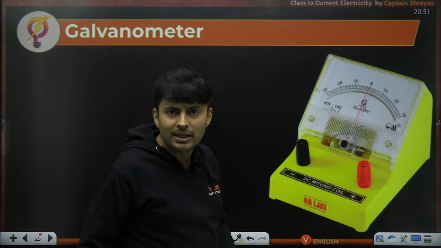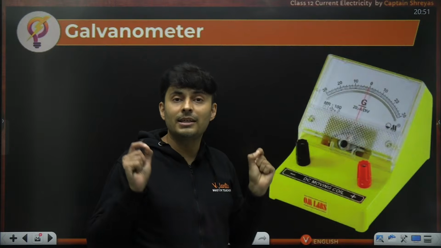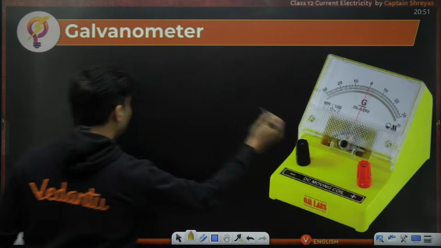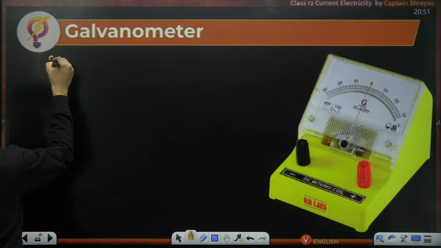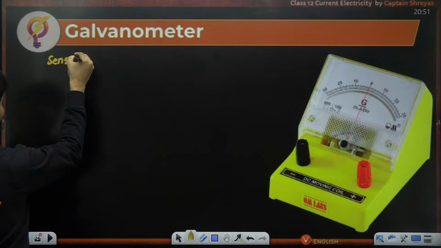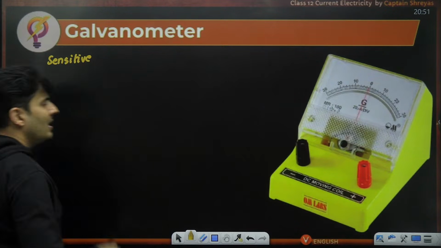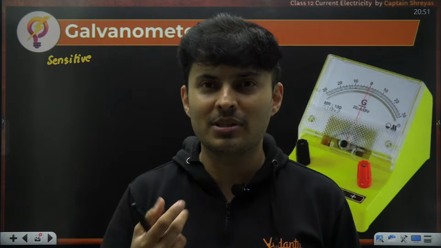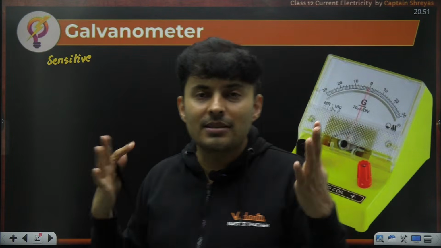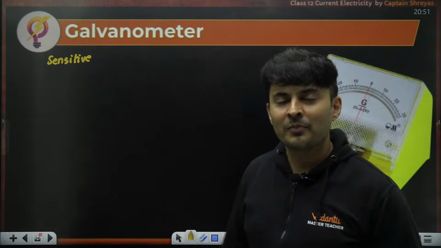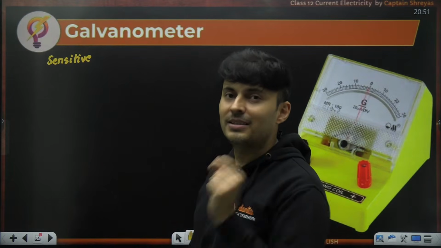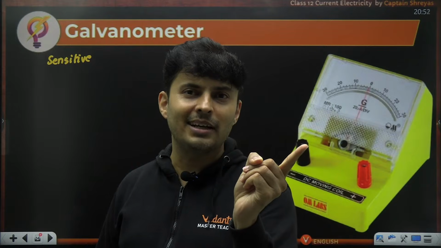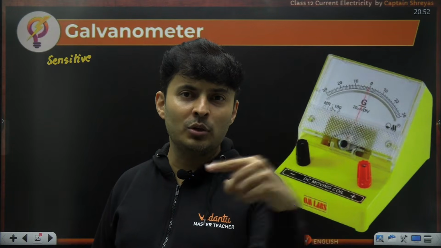This is a galvanometer. It is just a sensitive current measuring device. When I say sensitive, it's just like you say, my teeth are very sensitive to cold. That means if you eat ice cream or put some ice, you start feeling something weird. So this galvanometer is sensitive to current, meaning you pass some small current, it will deflect. You pass more current, it will burn.